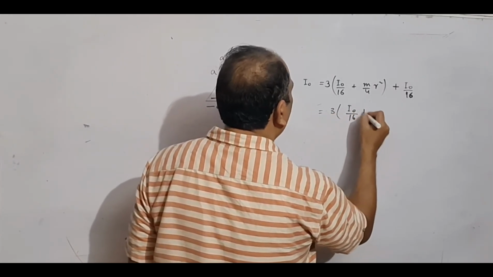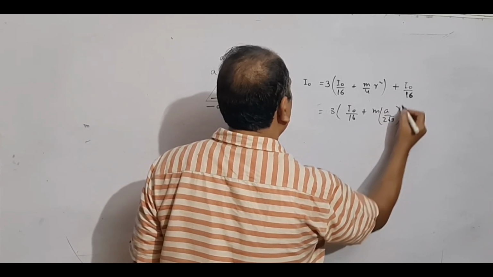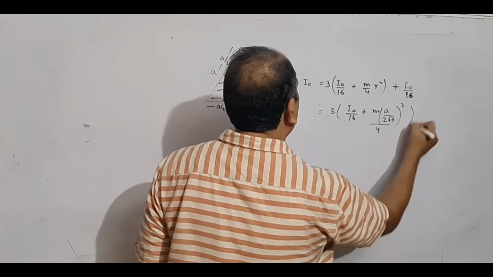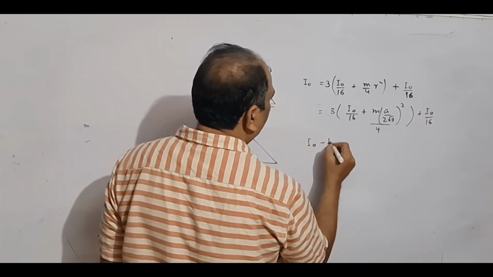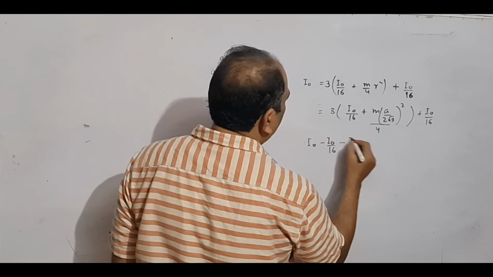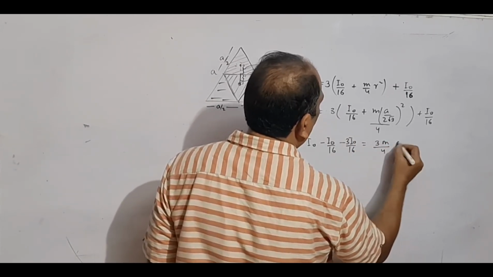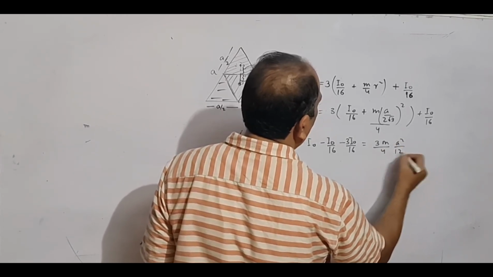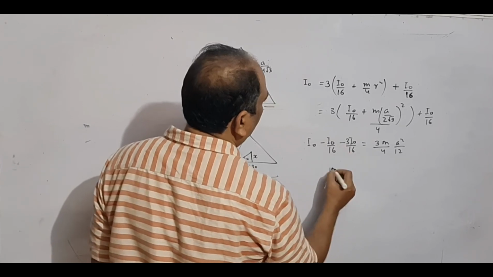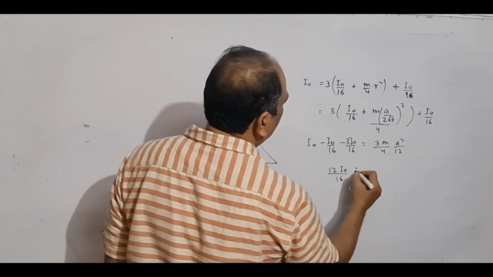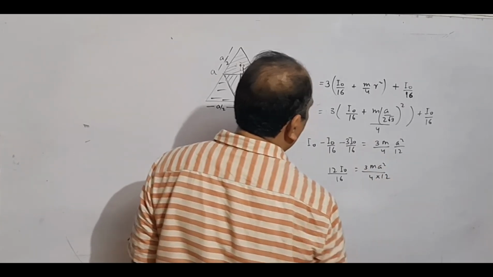So it is m into a by 2 root 3 whole square over 4 plus I0 by 16, and let's solve it and see what we get. I0 minus I0 by 16 minus 3 I0 by 16 is 3m over 4 a square upon 12. So 16 minus 1 minus 3, so 12 I0 by 16 is 3ma square upon 4 into 12.